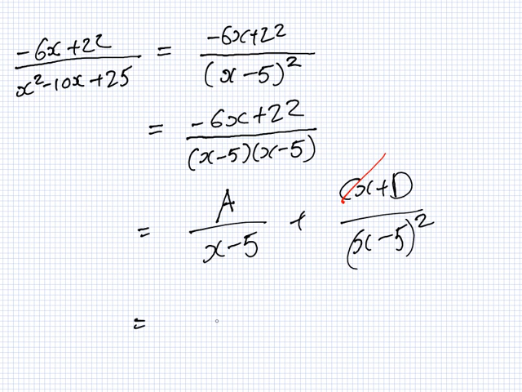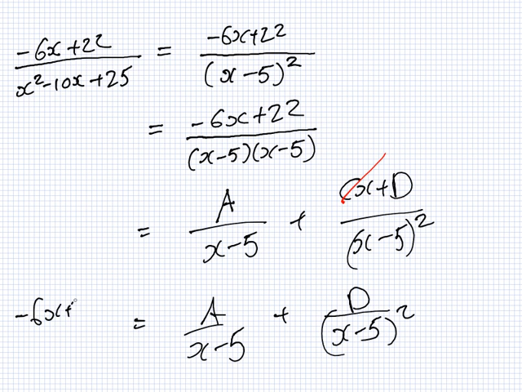So this is equal to A over x minus 5 plus D over x minus 5 squared. And here you have minus 6x plus 22, and here you have x squared minus 10x plus 25.